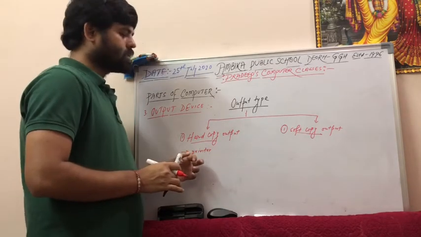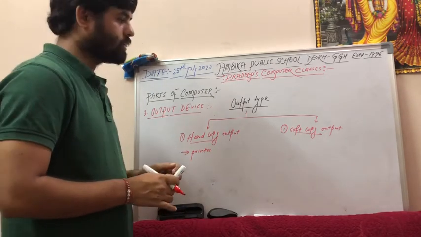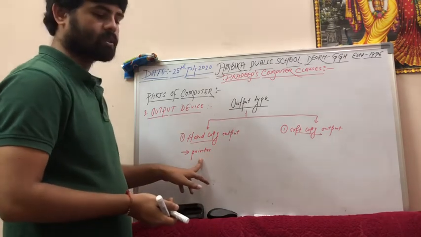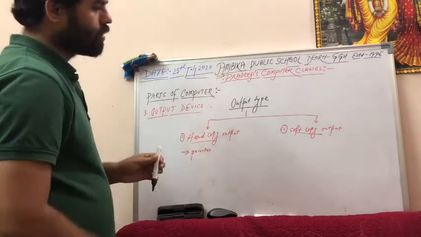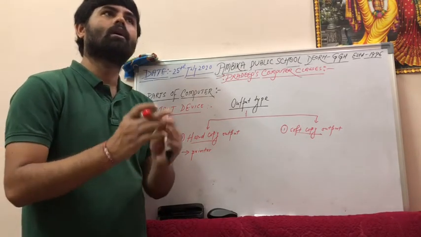Printer is the device from where you can get the hard copy, right? Let us say you have made some assignment, you need a hard copy of that. Printer is the device.